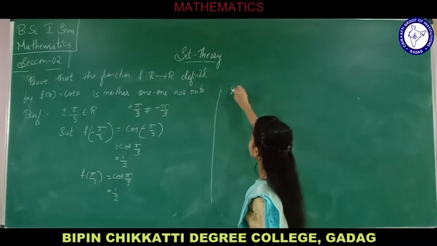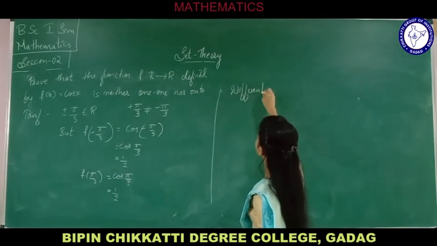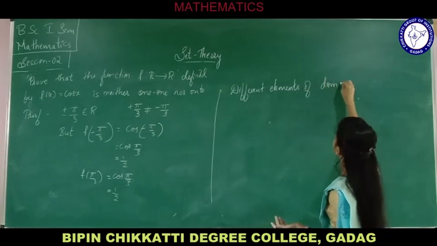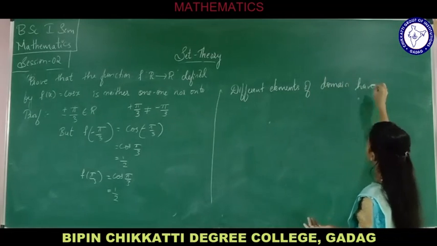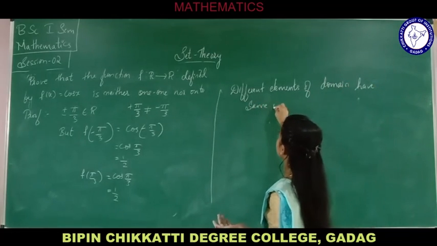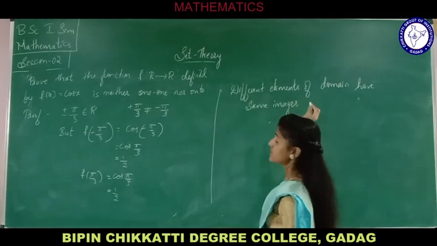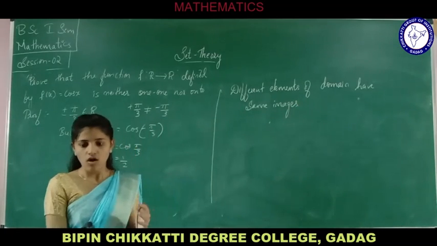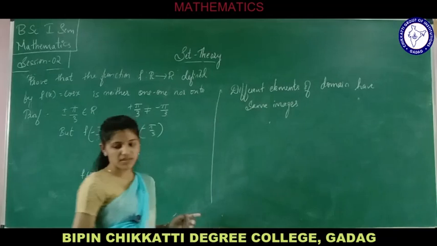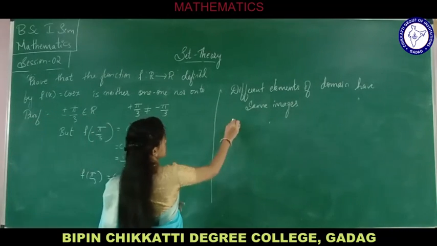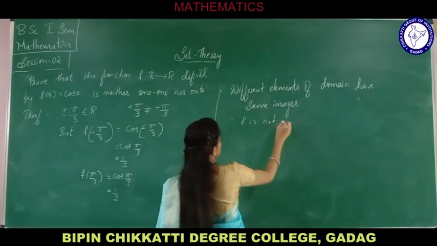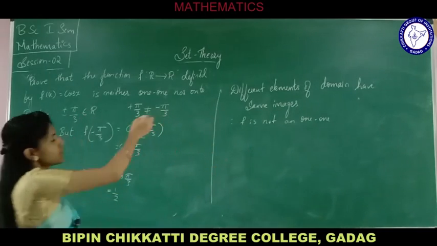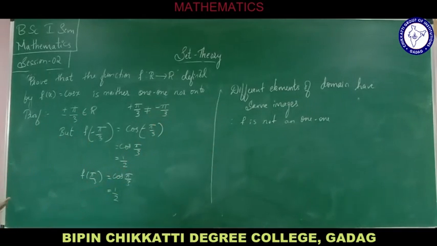If they have the same images, then f is not a 1-1 function. We proved that it is not a 1-1 function.